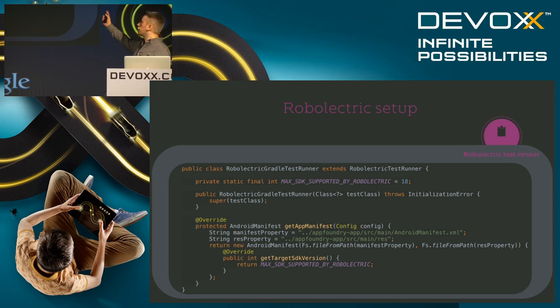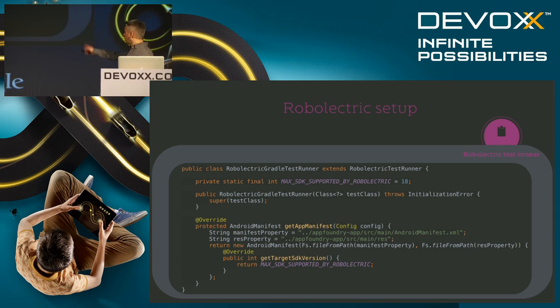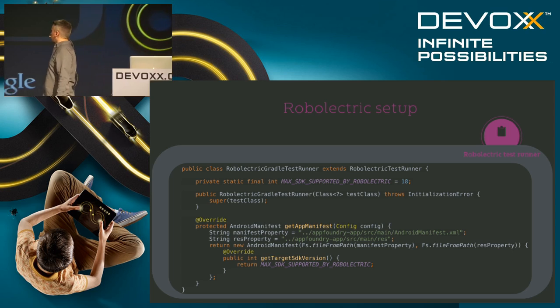Roboelectric comes with a RoboelectricTestRunner, so that you already get out of the box. The only thing I do is I extend it so that I can tell where it will find the manifests. This could have been done a little bit better because I have my values hard-coded in this example, but it's just to get the message across.